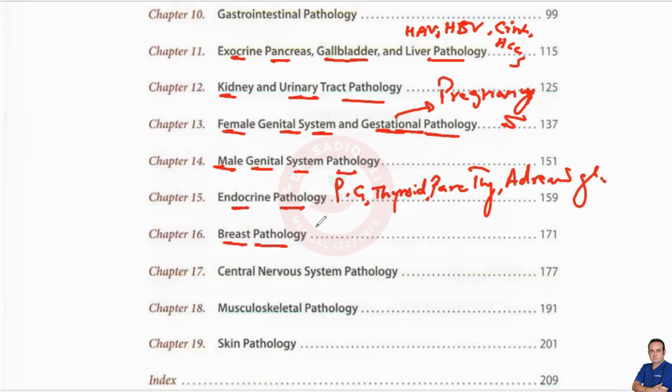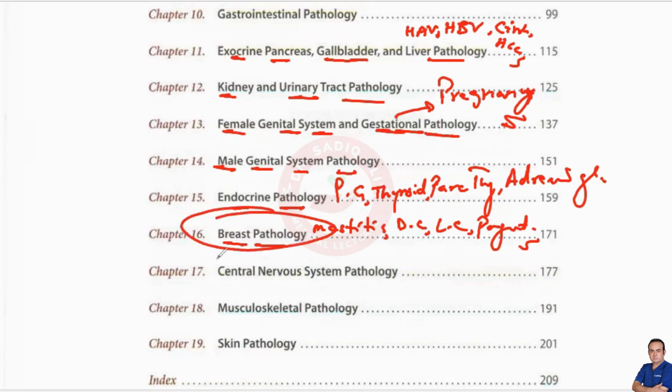Breast pathology means local infection like mastitis, some cancers, ductal carcinoma, invasive lobular carcinoma, Paget disease of the breast. Very, very important. And with the breast, if the cancerous cells metastasize and spread to other parts of the body, they may affect the axillary group of lymph nodes. So we will discuss those in breast pathology.